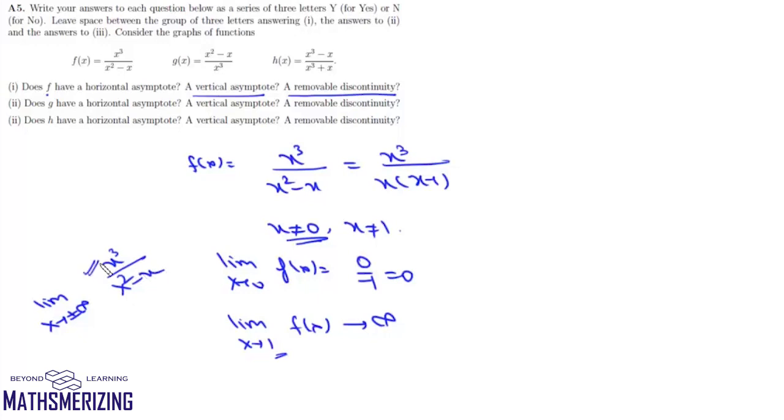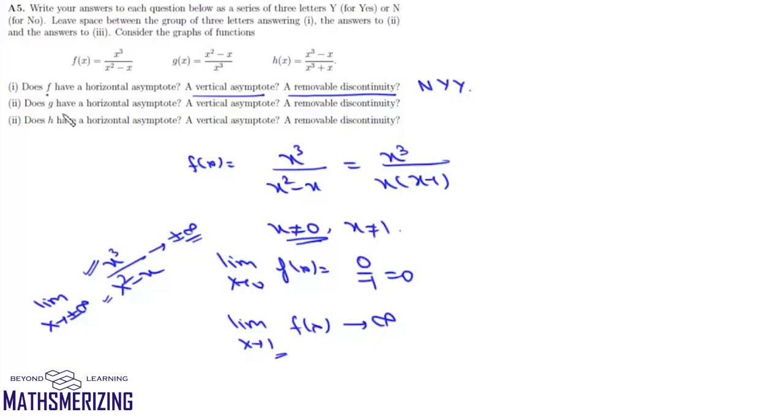Now the degree of the numerator is greater than the degree of the denominator. So this value approaches plus or minus infinity. So this function doesn't have a horizontal asymptote. So the answer to this question will be, first one is no, second one is yes, and third one is yes. So it will be n, y, y.